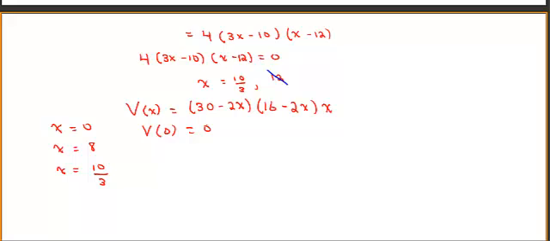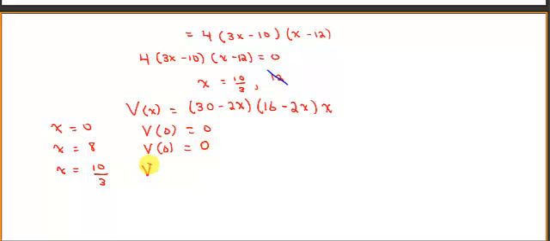If x is equal to 8, then 16 minus 2 times 8 is 0, so we'd get 0 for the whole thing. That's when we have completely cut off the ends as the flaps, so we got 0.